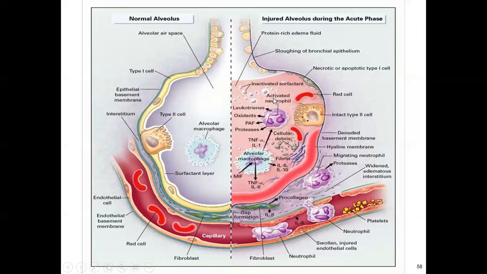But in this picture, we can see inflamed or injured alveoli look like a war field. The activated macrophage is disturbed. They release tumor necrosis factor and interleukin, called TNF and IL.